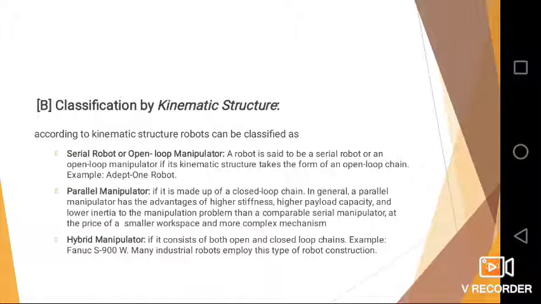Hybrid manipulator consists of both open and closed loop chains. An example of a hybrid manipulator is the FANUC S900W. Many industrial robots employ this type of robot construction.